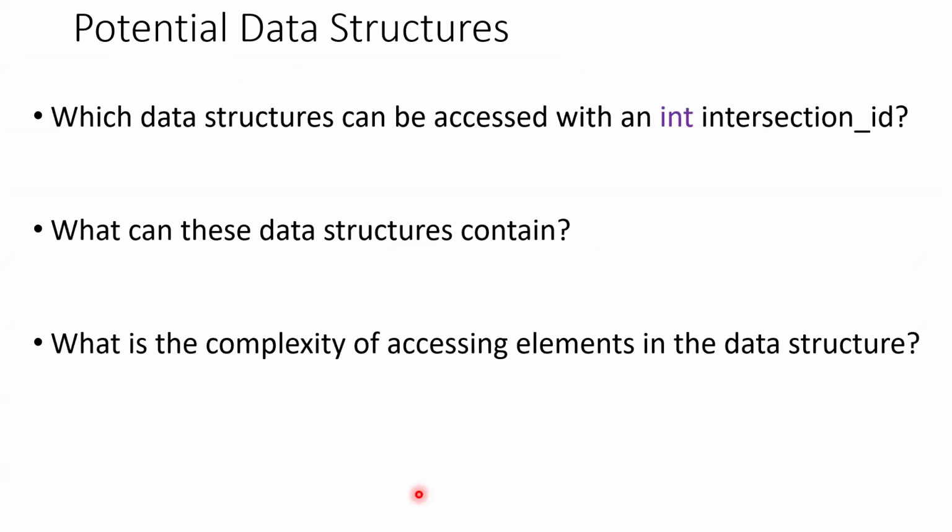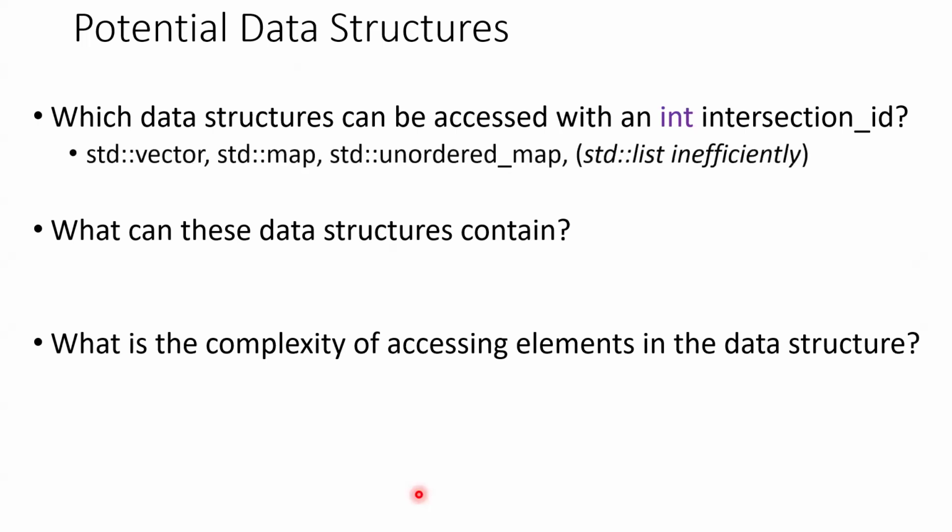So which of the data structures can be accessed with an integer intersection ID? Vector and everything else. Everything can be accessed with an integer. What can these data structures contain? Vectors and anything, because they're templated.